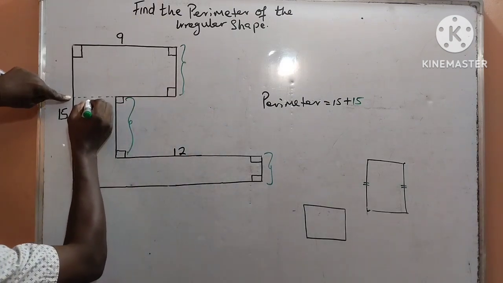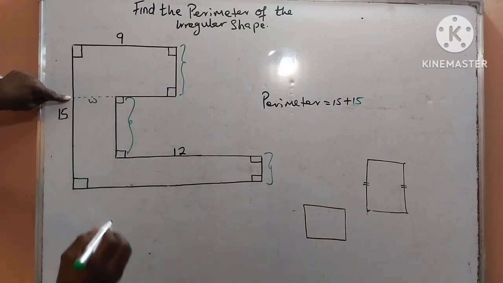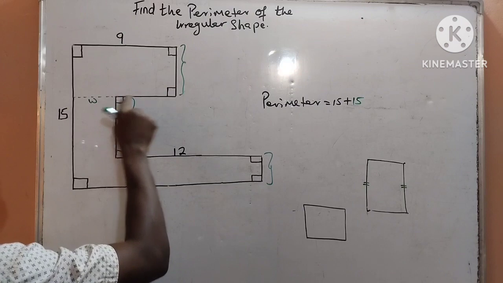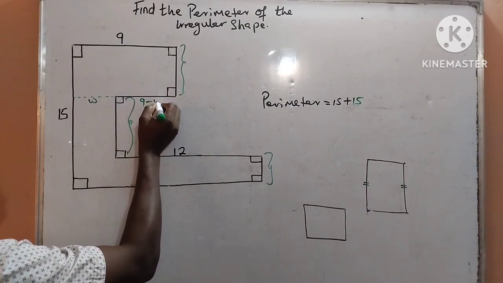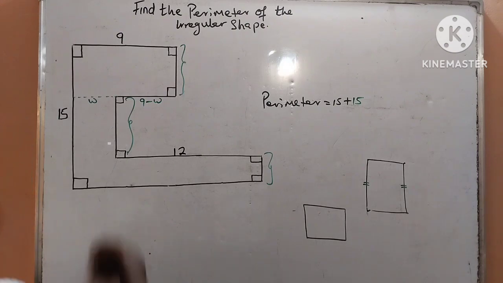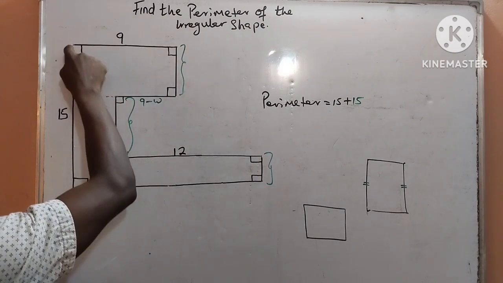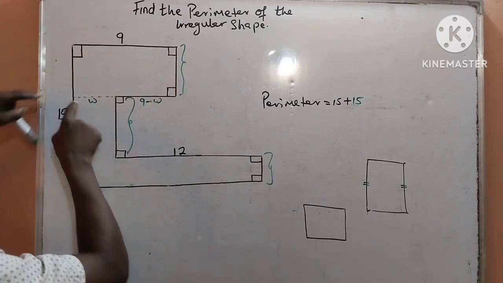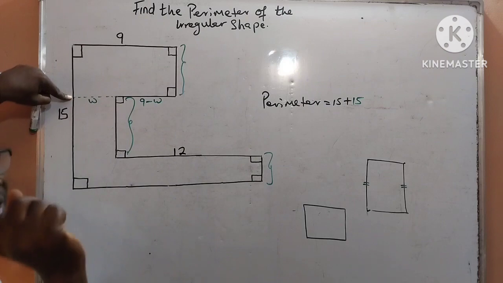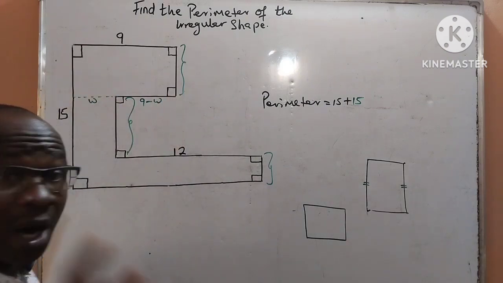Therefore, if this green marked side is called W, this black side will be called 9 minus W. Why? Because the opposite sides are meant to be equal. So if this place is 9, the opposite also should be equal to 9. And when this point is labeled W, the remaining part will be 9 minus W.